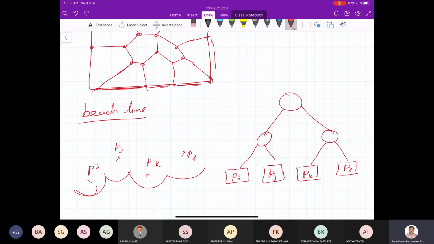And the intermediate nodes represent the intersection between two parabolas. So basically we will store an ordered pair here.